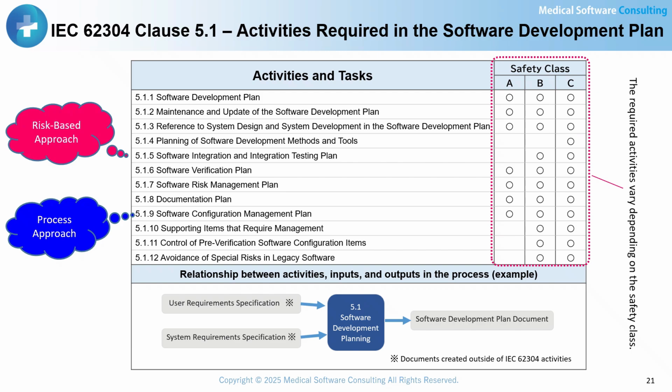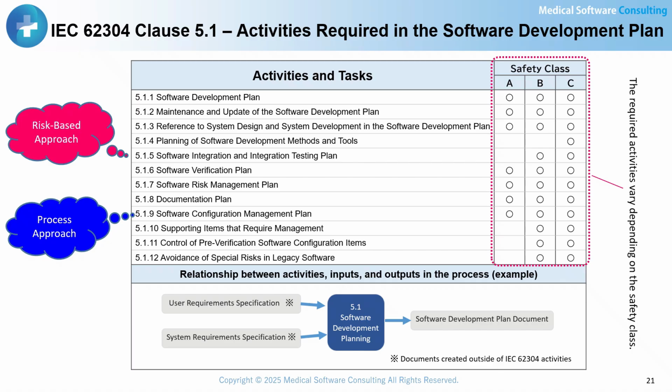This table shows the relationship between the activities and tasks required in the IEC 62304 Clause 5.1 Software Development Plan process and the software safety classes. As you can see, the required activities and tasks vary depending on the software safety class. Some tasks carry more weight for higher safety classes.